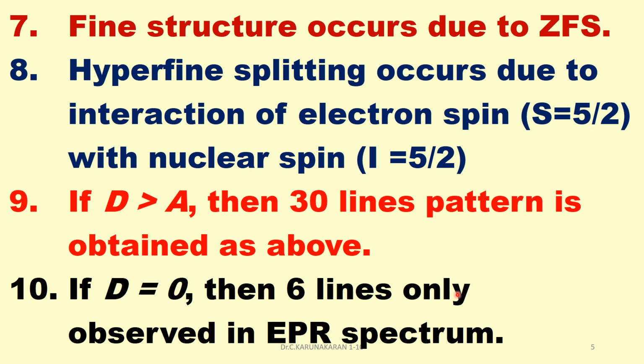Then you will be able to answer how many lines will be observed based on D greater than A or D equal to 0. And also we understood now what are called fine splitting and hyperfine splitting. Thank you for watching.